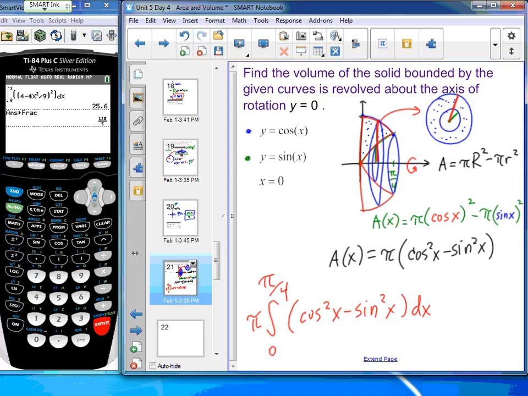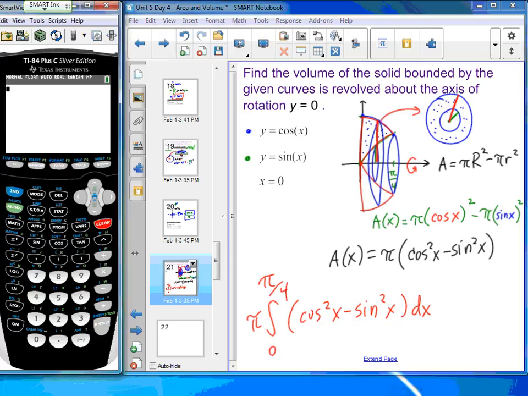All right, let's do it. I'm going to leave the pi out again. I'm going for it. Math 9, 0 to pi over 4. And cosine squared x, do I have to do that? Square root of that? I'm going to be safe.